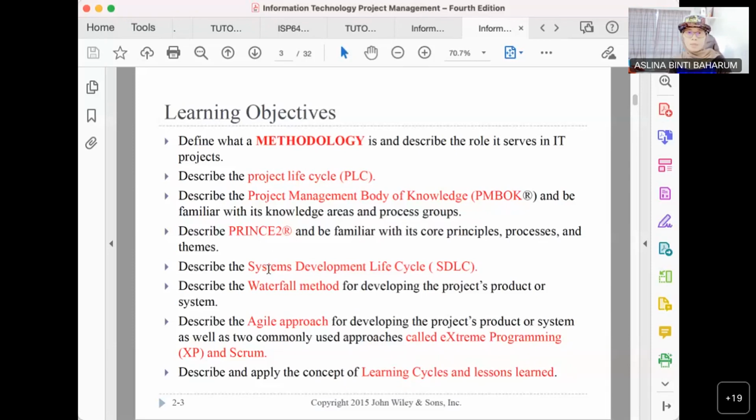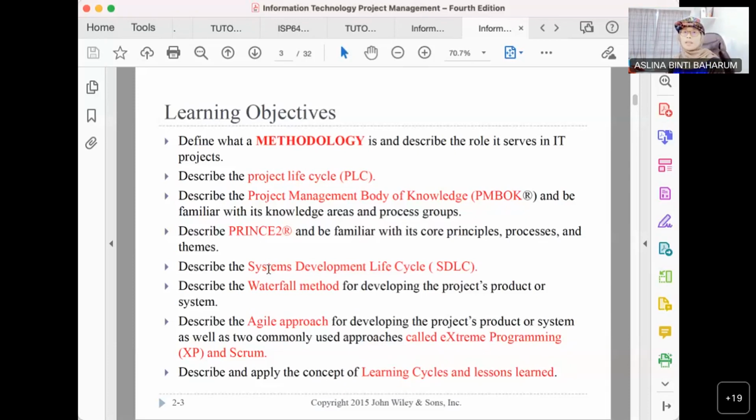For the project purpose, it is either PMBOK or PRINCE2. So if you read the lecture notes, it is not mentioned that project life cycle has two types, PMBOK and also PRINCE2. But for me, I would rather you classify that because SDLC is much more important.